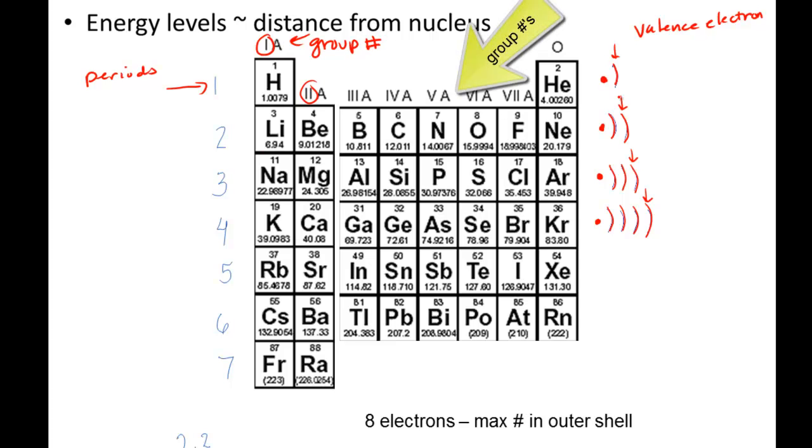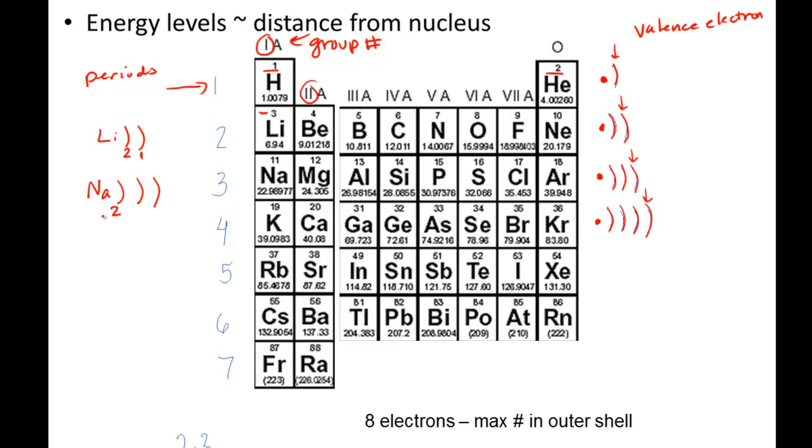So if we look at lithium, lithium is going to have 2 energy levels because it's in the second period. The first period is going to have 2 electrons in it, which will be the ones that were there for hydrogen and helium, and the second energy level will have just 1 electron that belongs to lithium's valence shell. On the other hand, if we look at sodium, sodium is in the third period. It has 3 energy levels.